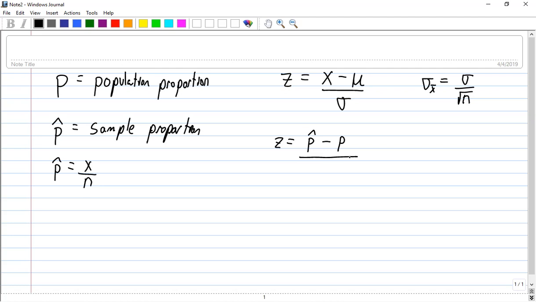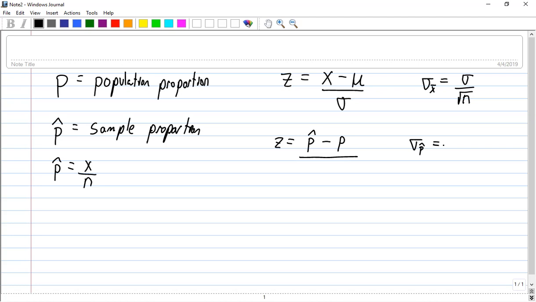over, now again, if we use the central limit theorem with this, then instead of having a sigma, we're going to have a sigma sub p hat. Because we have to take into account, if we're talking about a sample or a group of people, and we're trying to figure out a probability about a proportion of a group of subjects, then that has to factor into my sigma sub p hat.